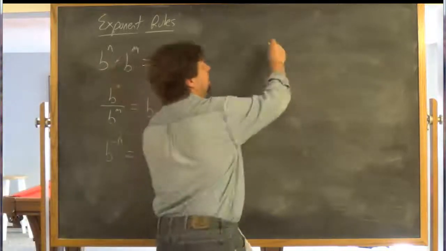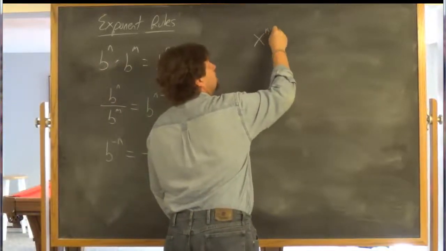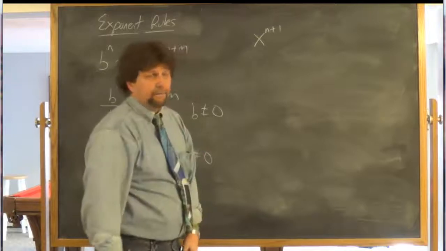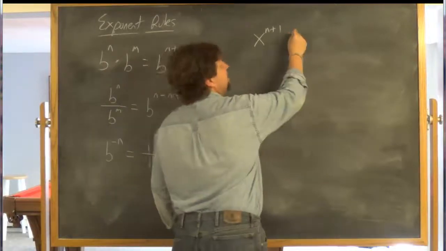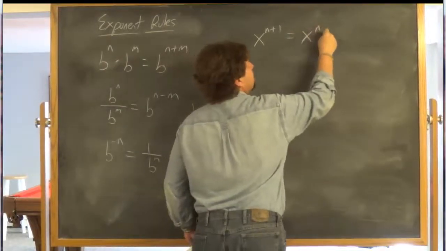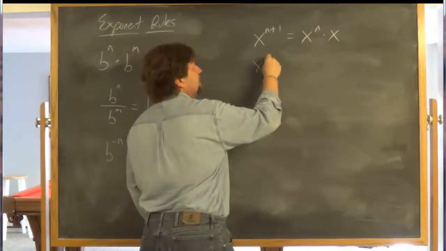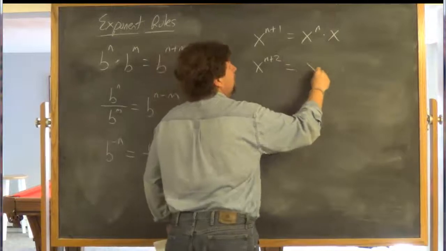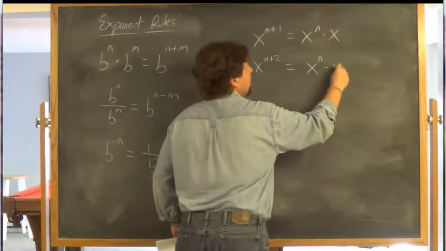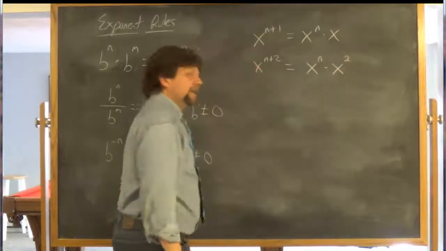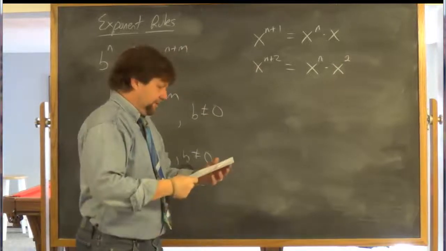When you see x to the n plus 1, I want you to be able to see that as being x to the n times x. When you see x to the n plus 2, I want you to be able to recognize that as x to the n times x squared.